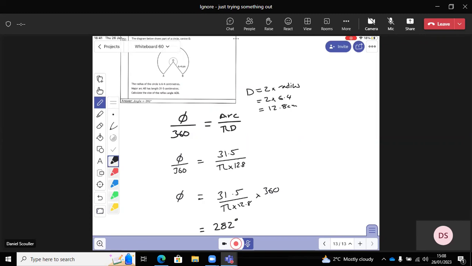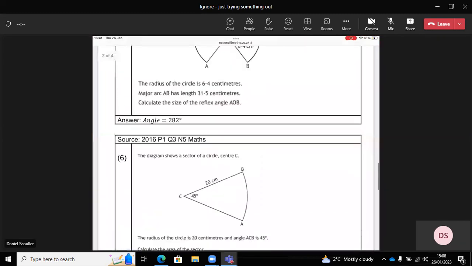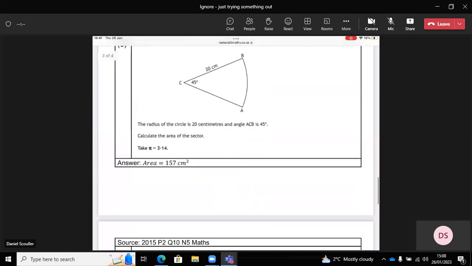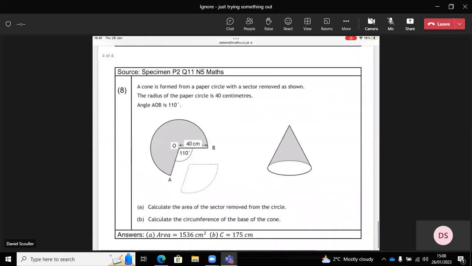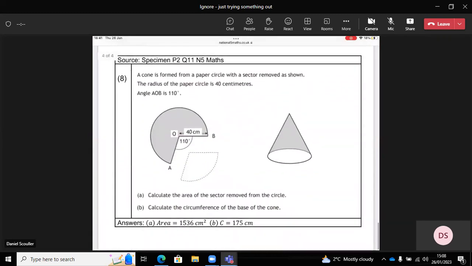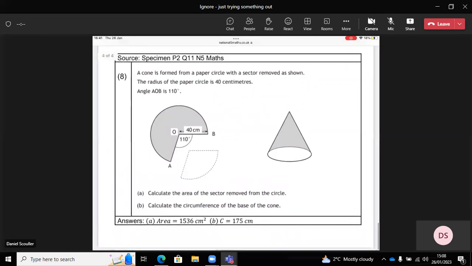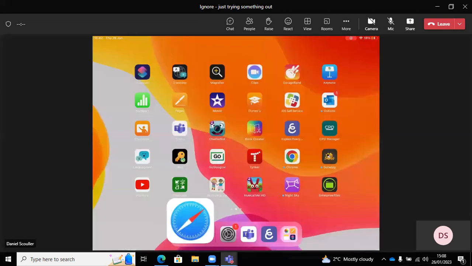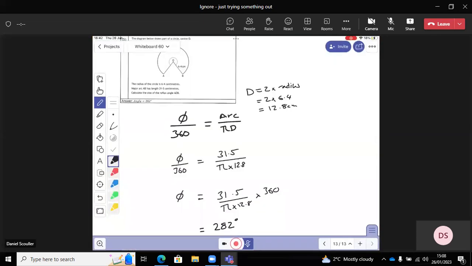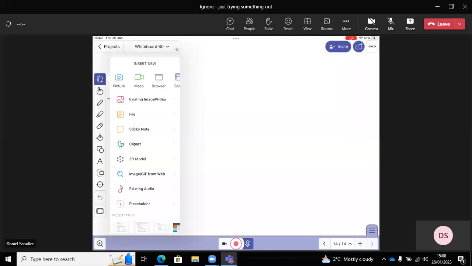No, just having a wee look there. So let's have a wee look. Leave that to later. I wanted to look at this one here, because there's quite a lot going on in this one.